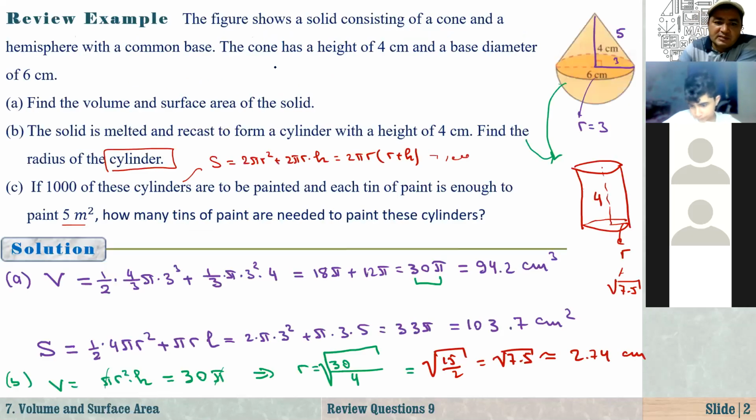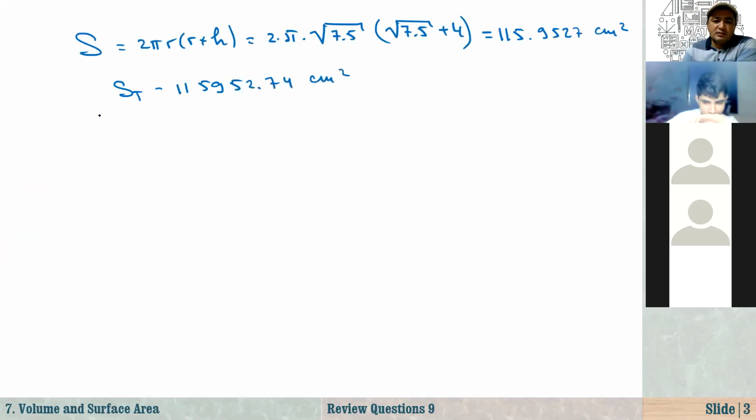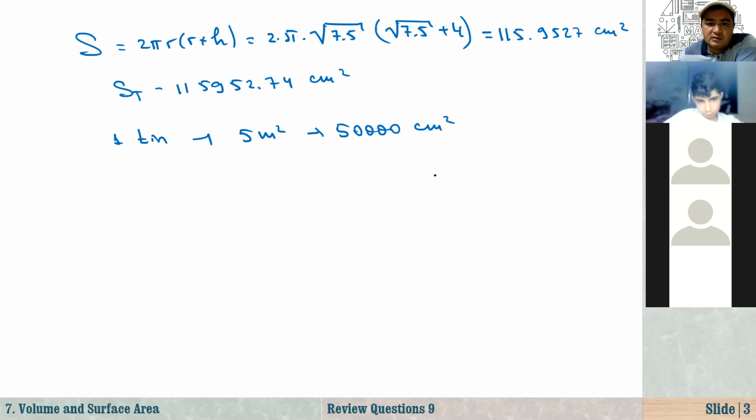So now in the question, it says that each tin of paint is enough to paint 5 square meters. So how many tins of paint are needed to paint these cylinders? Suppose that 1 tin is enough for 5 square meters. And 5 square meters is 5 times 10,000, so that's equal to 50,000 square centimeters.